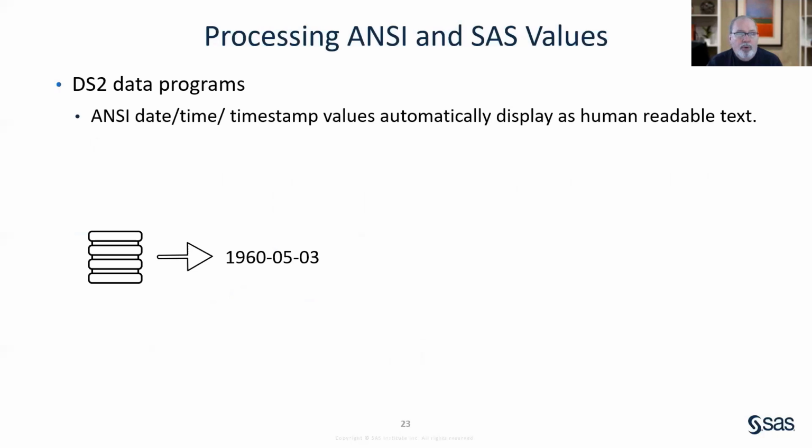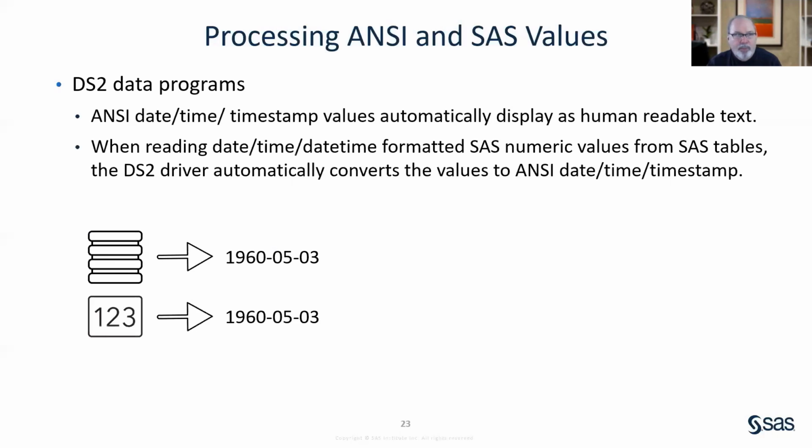Now, in DS2 programs, we're capable of processing ANSI and SAS values at the same time. So when we read in ANSI date, time, or timestamp values from a relational database, we read them straight up as the ANSI type. DS2 is perfectly capable of understanding and manipulating that type.